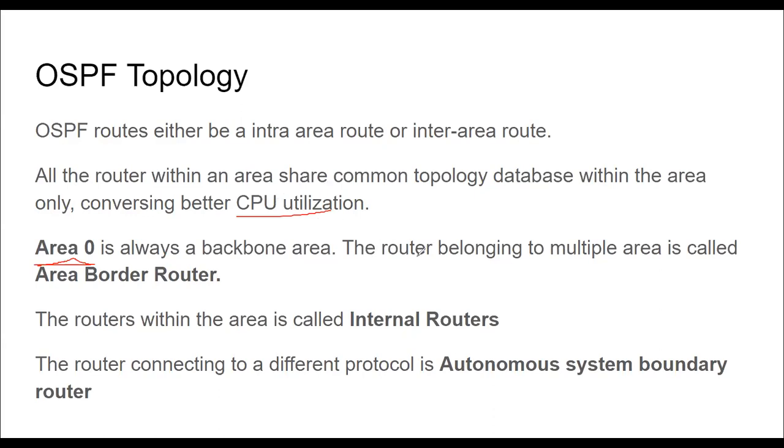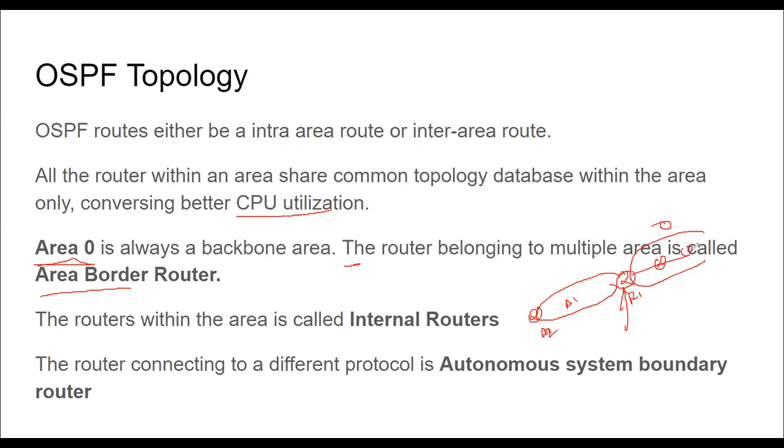There are some keywords you have to remember. For example, a router which belongs to multiple areas is called an area border router. Say I'm having R1 here. This is my OSPF area 0. This is my OSPF area 1. So this router is called an area border router.